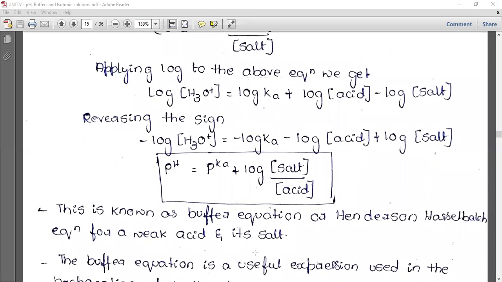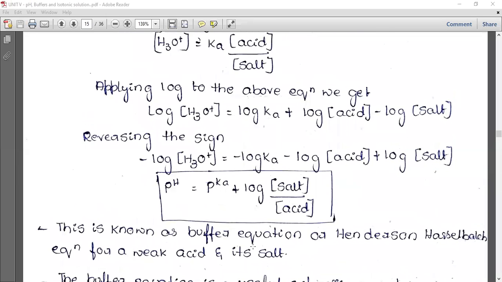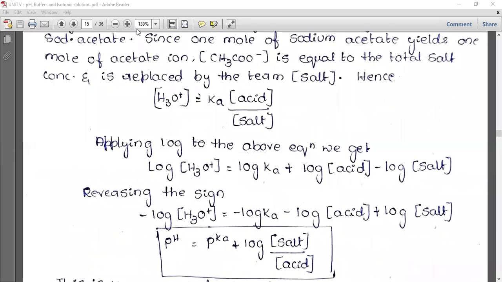Is it clear? Anybody has any doubt in the calculation? I mean, the derivation. It's very important, very simple. It's for 10 marks. Anybody has any doubt?